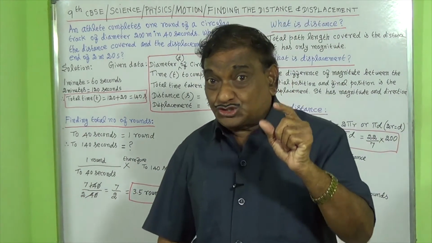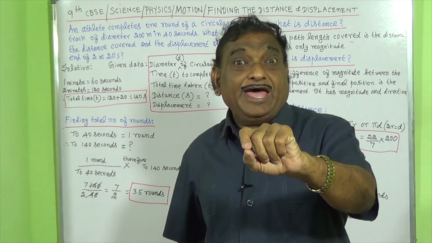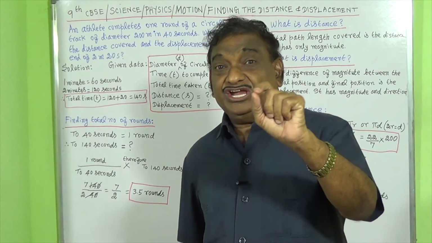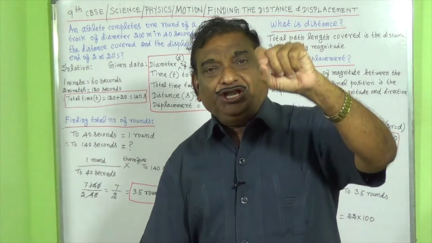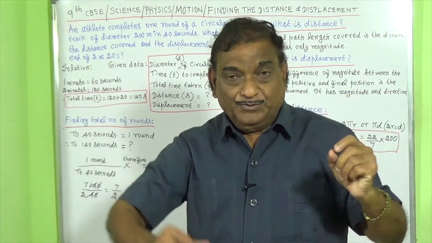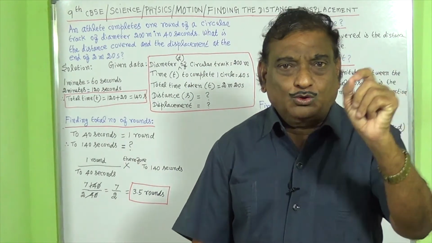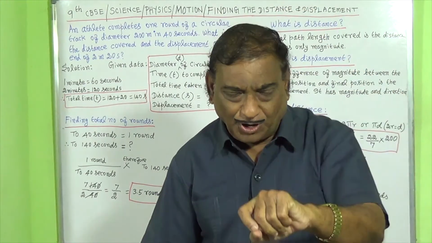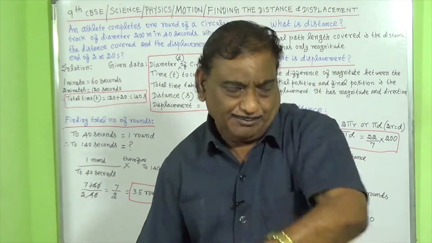So these two equations should be converted into a fractional relation. How can we write this equality relation as a fractional relation? First of all, we should decide whether we are going to find the number of rounds or the time.